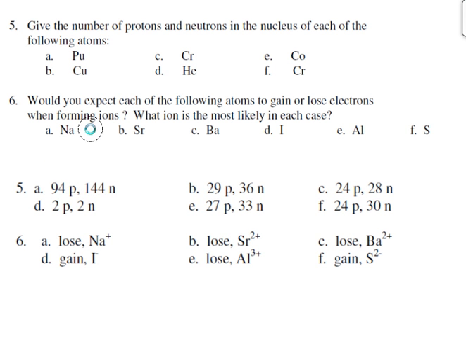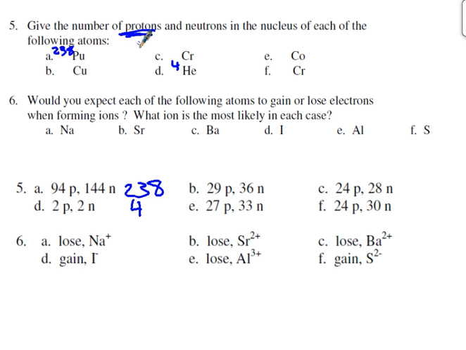If this is 94 and 144, that would be, let's see, 238 for the mass number. So the mass number should have been given as 238 here. 2 and 2, that's 4. Where's that? Helium right here. The mass number should have been given so that you could deduce the number of neutrons. Number of protons, of course, you just go to the atomic number on the periodic table.